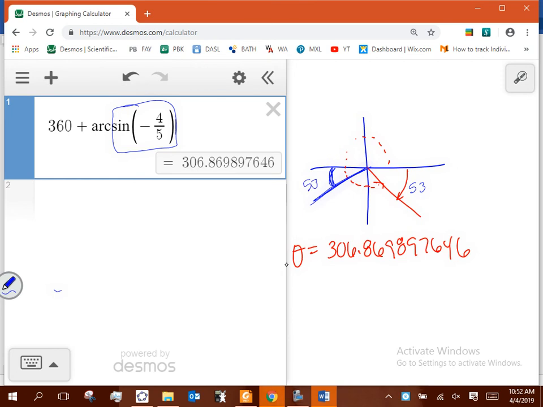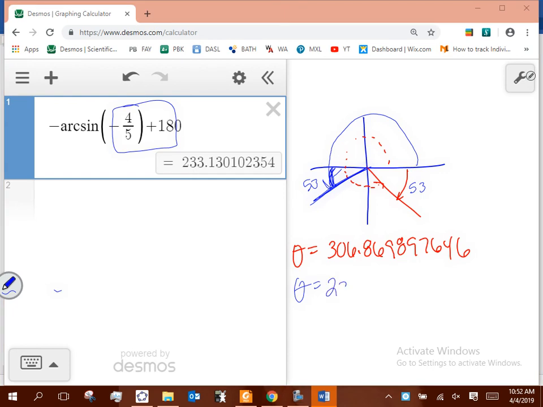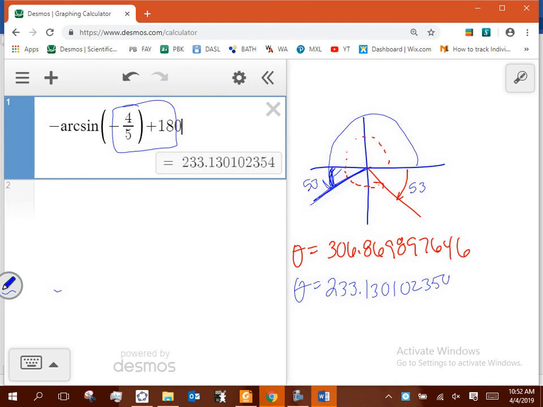So how do I find my other theta then? Good, 180 plus that. So I'm going to negate that and then add 180 to it, right? And I get 233.130102354. Those are both degrees.